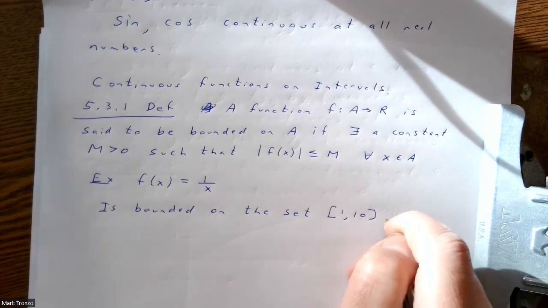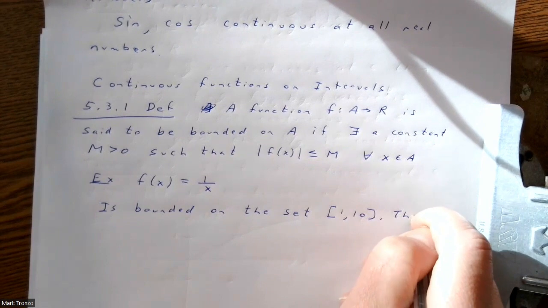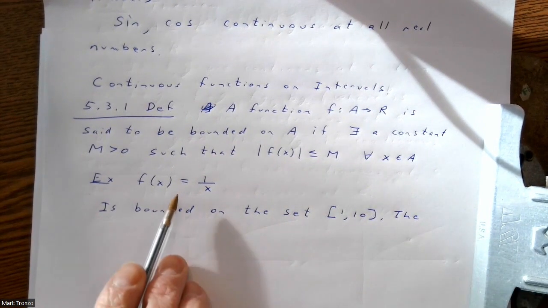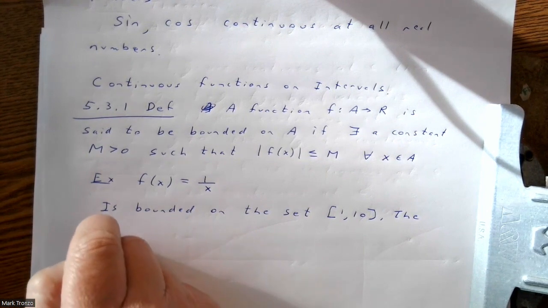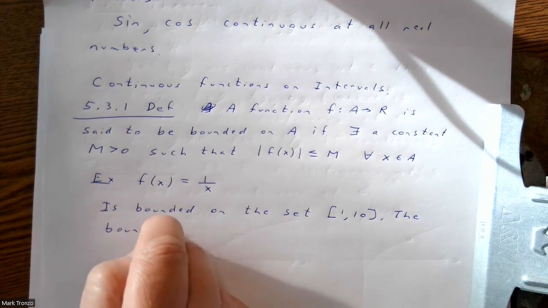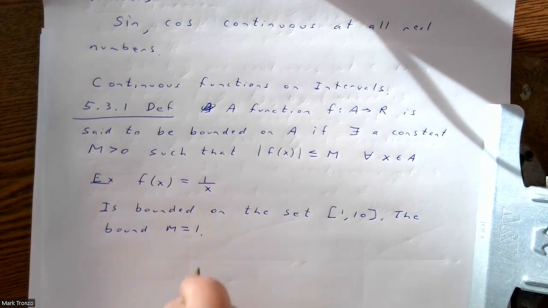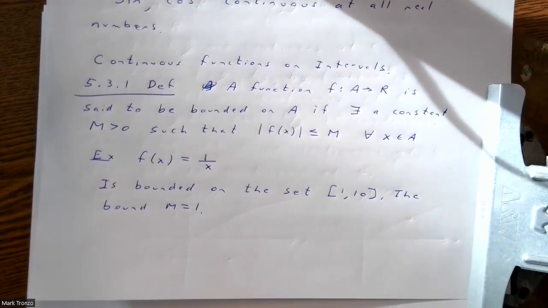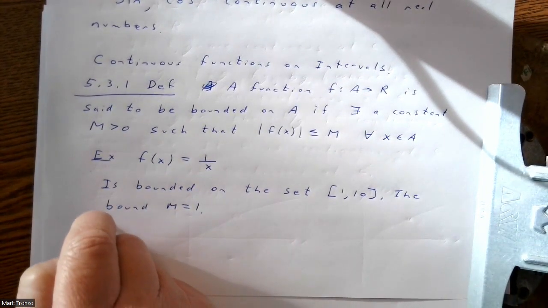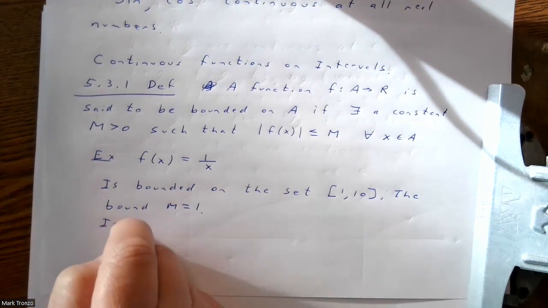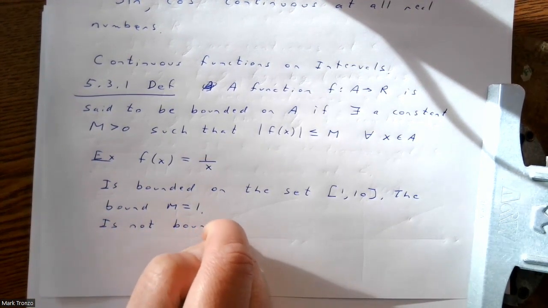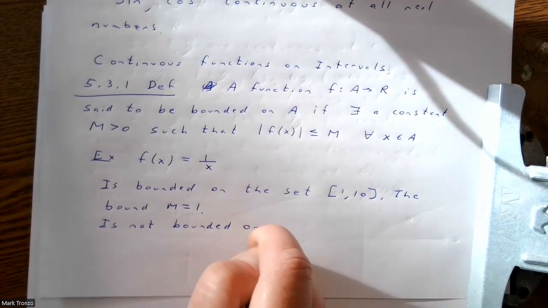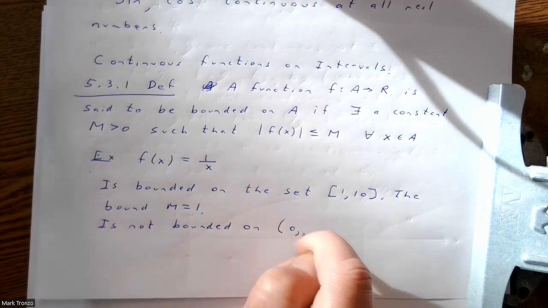In fact, the bound M is equal to 1, because that's the biggest number. On the other hand, it is not bounded on the interval 0 to 1.